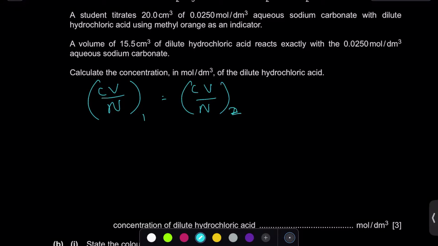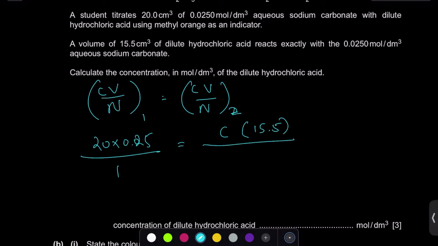So 20 times 0.25, 0.025 divided by 1, that is equal to concentration times volume, which is 15.5. They are both cm cube, so we do not need to convert them. But if you want, you can divide by 1000. Doesn't make a difference. Divide by 2. The 2 will multiply over there. So 40 times 0.025. And then divide by 15.5, whatever that comes out to be, that's going to be our concentration.